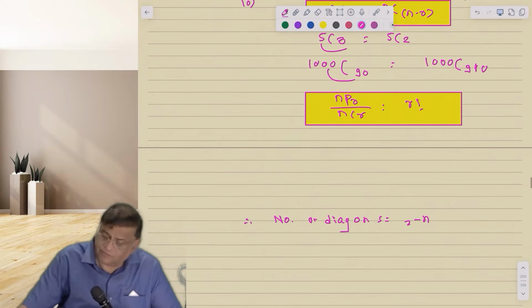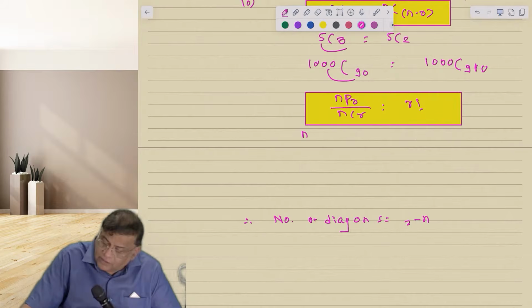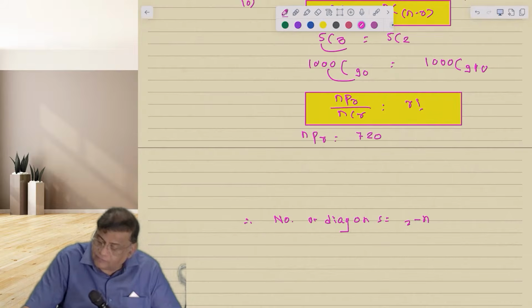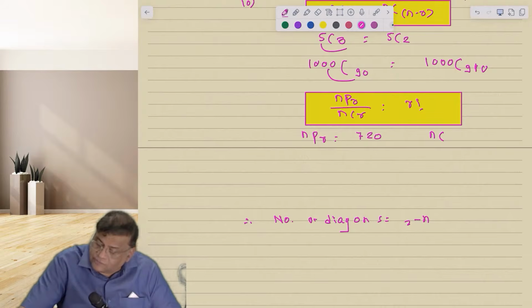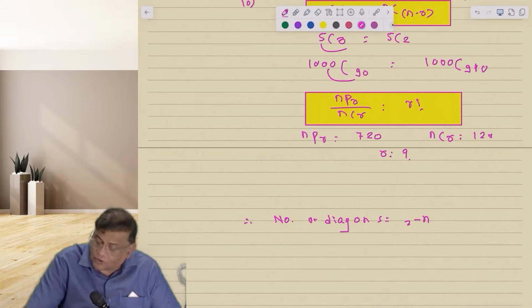So, for example, if I tell you NPR is 720 and NCR is 120, then R is equal to what?